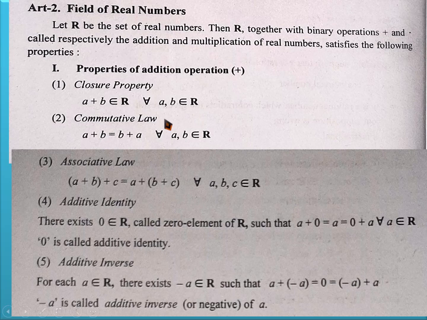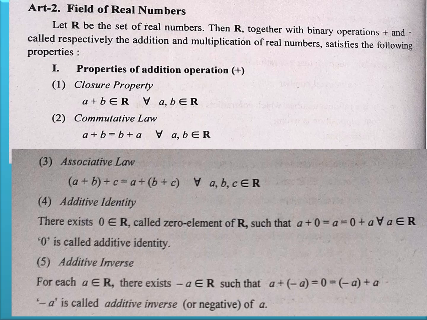Set of integers is denoted by capital Z or capital I. And then we have taken rational numbers, a number which can be put in the form P upon Q. P and Q both are integers, denominator Q not 0, and GCD of P and Q must be 1.